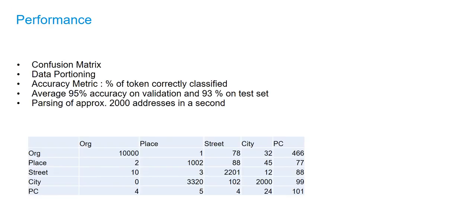But the accuracy numbers cited are the actual numbers which we are getting right now. Because the diagonal elements on this confusion matrix are on the higher side, this generally indicates that we are performing really well while predicting different components of the address.